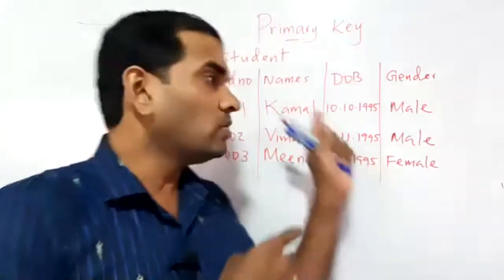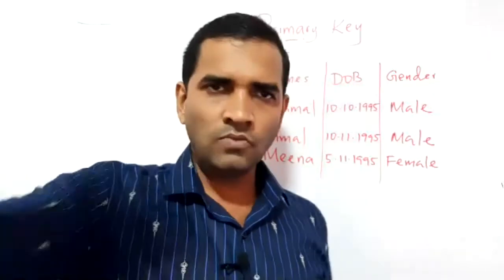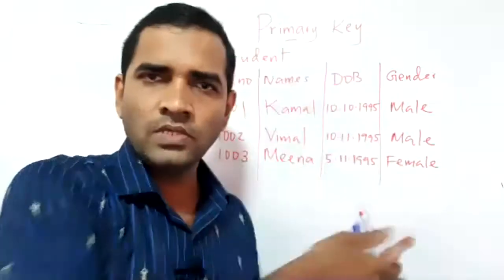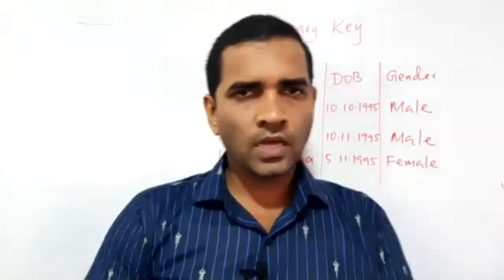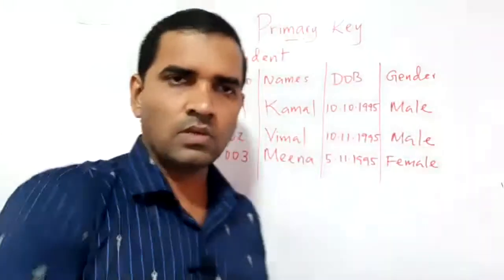So here also I wanted to use the name, but the reason is the same. Have you understood the real world example and this one looks the same? So, names cannot be used for identifying the student, which means record. So it cannot be a primary key.